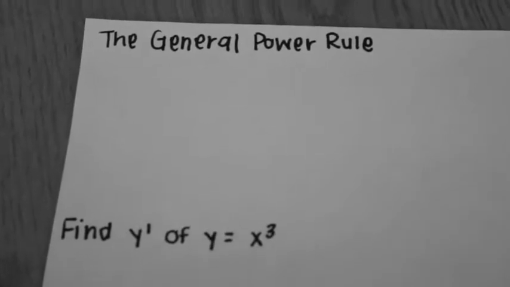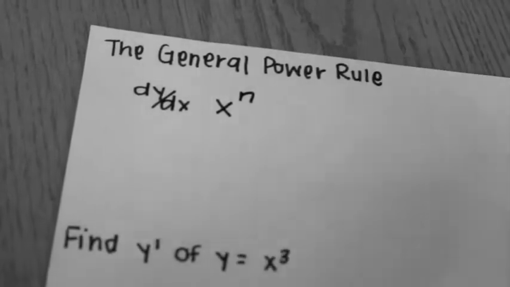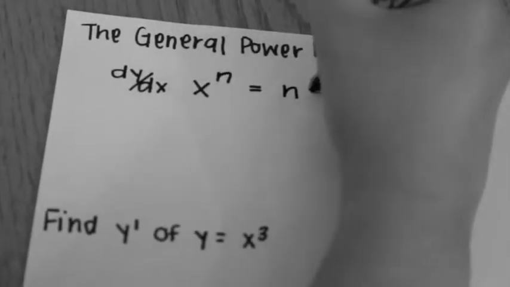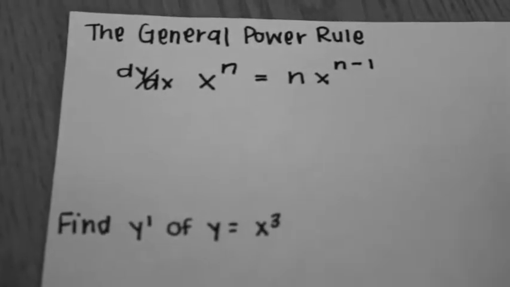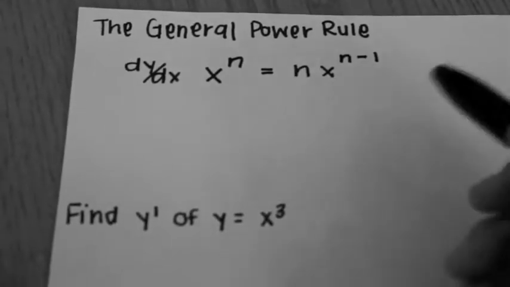Okay, for the general power rule, the derivative of x to the n equals n x to the n minus 1. So just going down to the example so that you can see it easier, find the derivative of y equals x cubed.